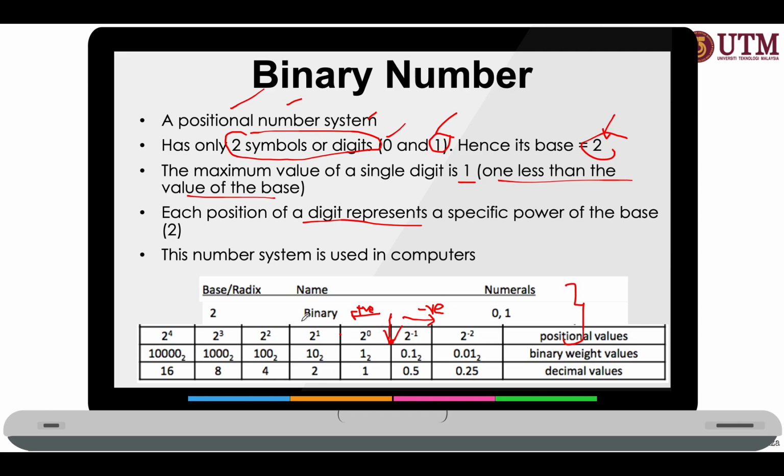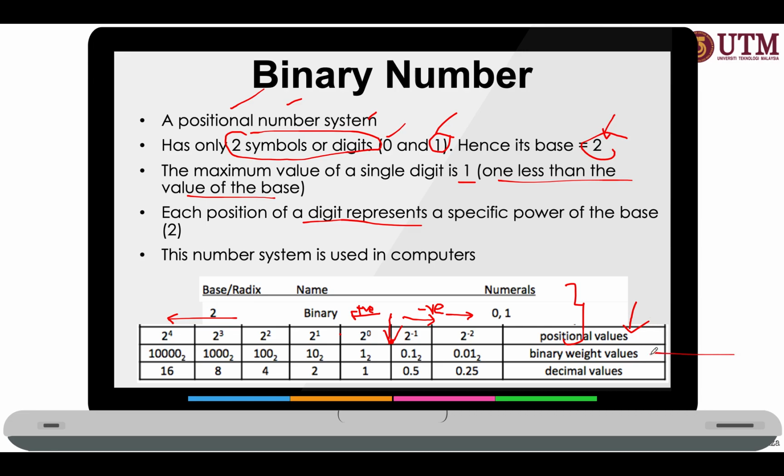This one is positive powers. So it starts from 2 to the power of 0, to the power of 1, to the power of 2, to the power of 3, and so on. The same goes to your right, which is to the power of negative 1, to the power of negative 2, and etc. So this is the positional value.